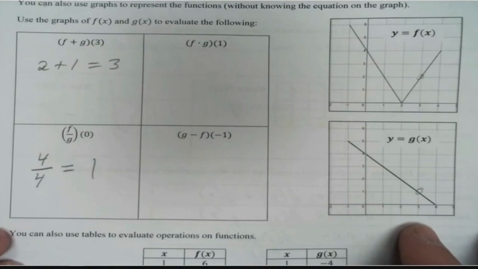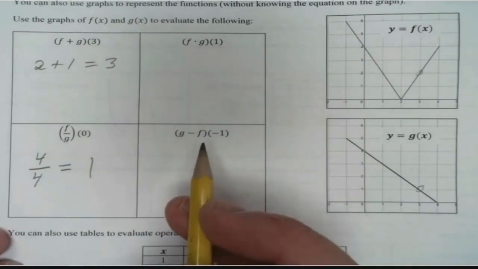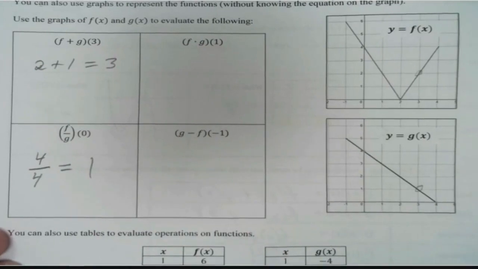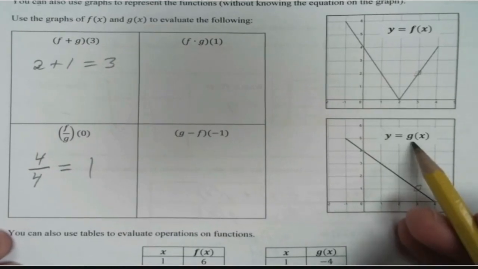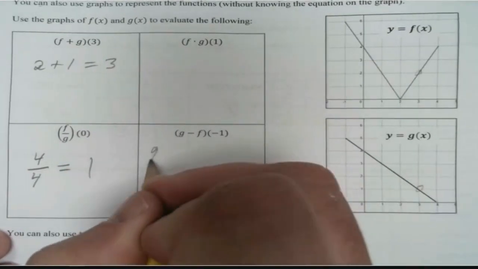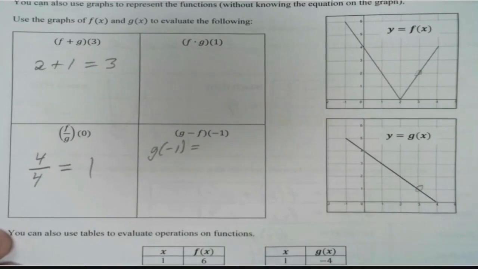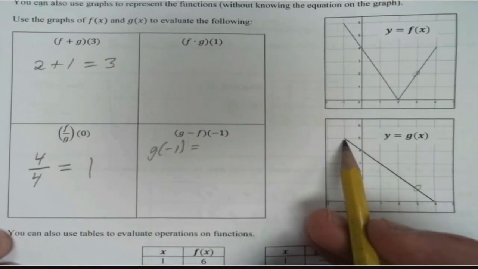And let's do this one this time. G minus f of negative 1. See if that gives anyone trouble. So you need to know what g of negative 1 is first. So g of negative 1 equals 5.